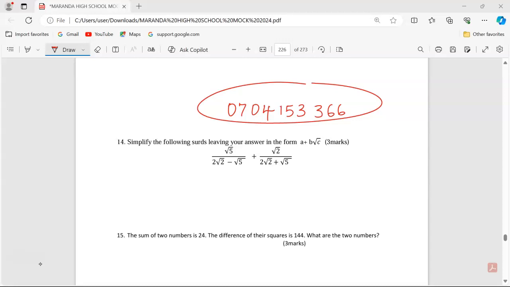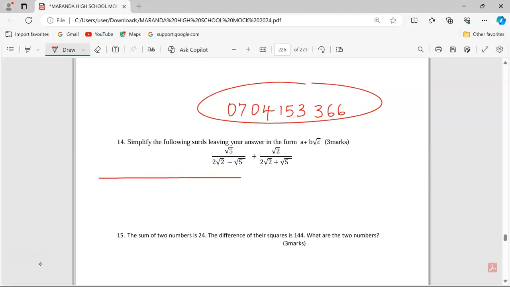So what we do here is we usually handle this surd as a normal fraction, such that if I take the LCM of the denominators, then I'm going to have the first term 2 root 2 minus the root of 5 multiplied by 2 root 2 plus the root of 5.